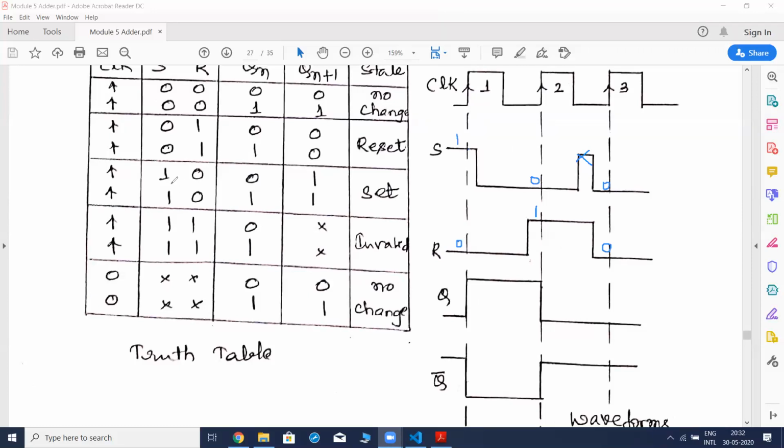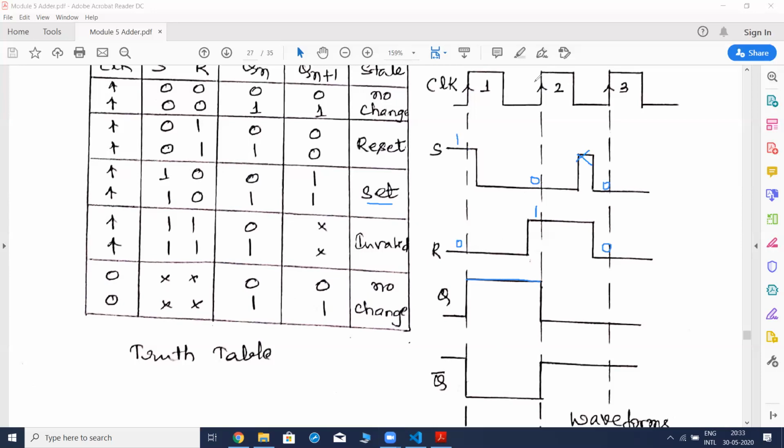When S is 1 and R is 0, we are getting the set state. What is the meaning of set state? It is Q equal to 1. So this is the output. At this edge it will rise and we are getting the output 1, because S is 1 and R is 0.